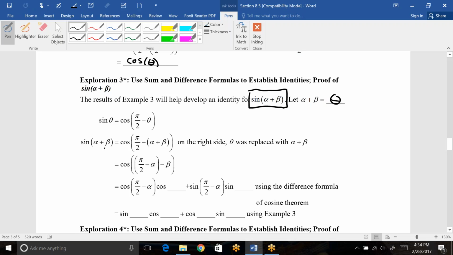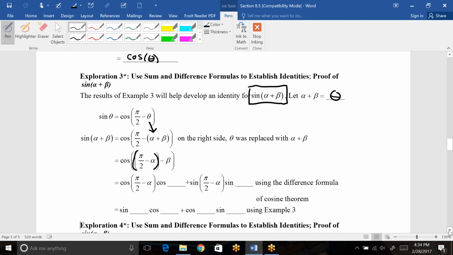So then if we replace that with alpha plus beta, turn it back into what it is, that would be cosine of pi over 2 minus parentheses alpha plus beta. And then we could regroup this. By regrouping and putting the minus alpha with the pi over 2, we're going to be able to use the facts that we just learned a second ago.